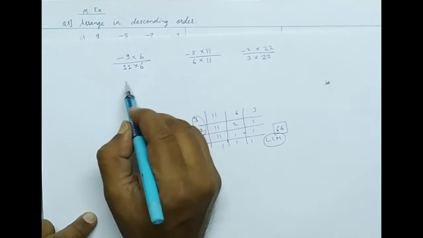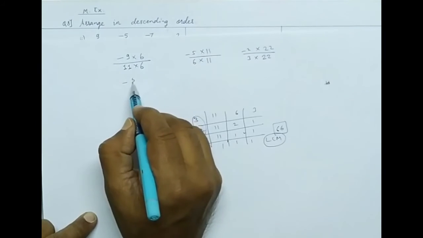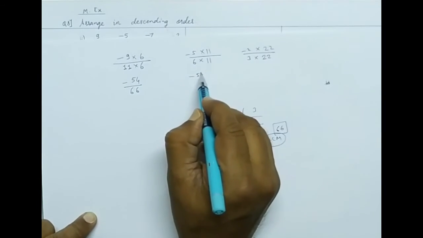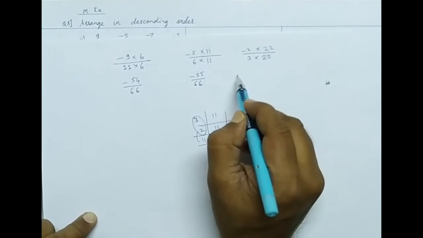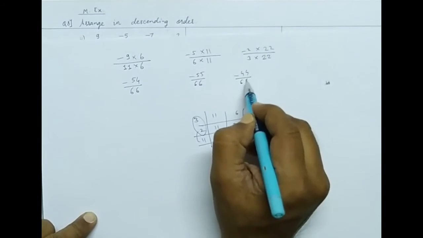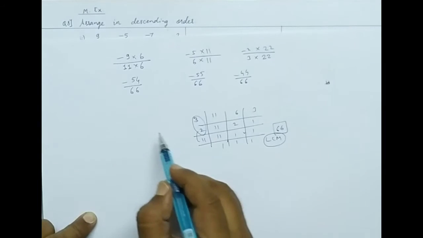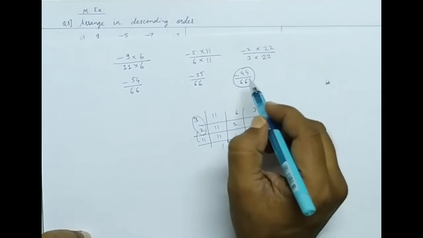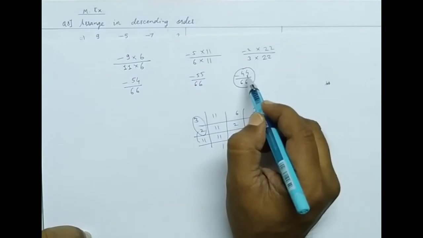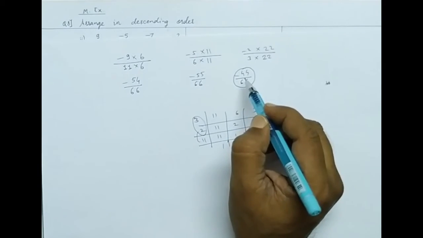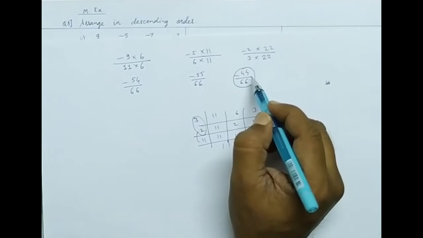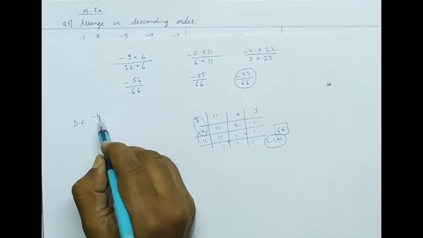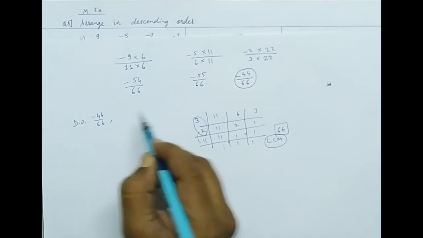So this is minus 54 upon 66, minus 55 upon 66, minus 44 upon 66. So when we compare this, this is the greater value. Minus 44 is less, but among negatives the lesser is greater. So in descending order, first what will come? Minus 44 upon 66.